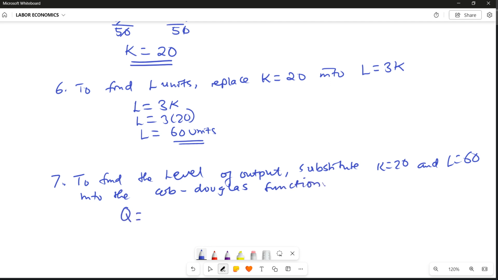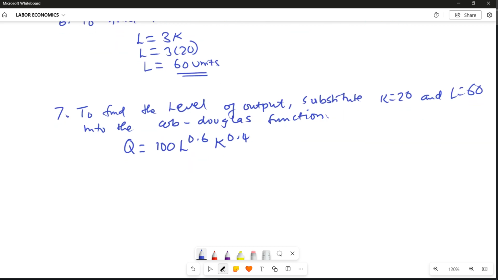Remember that our Cobb-Douglas function was 100 L to the power 0.6 capital to the power 0.4. So now we know that the total amount of output this firm can produce is going to be equal to 100, where there's L, we know that L is 60.